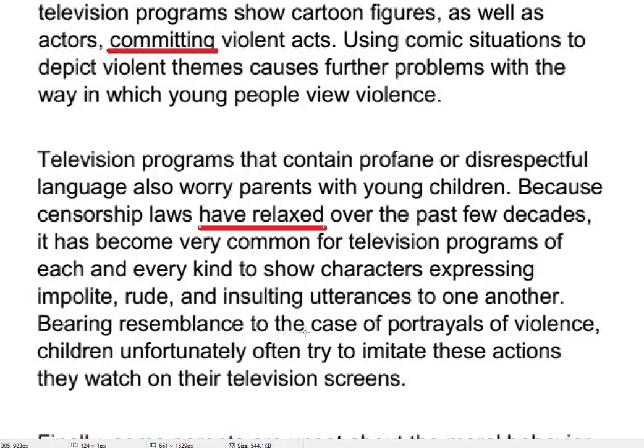Bearing resemblance to the case of portrayals of violence. I didn't notice this before.